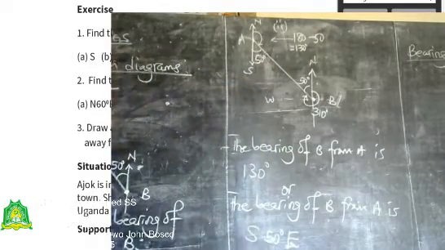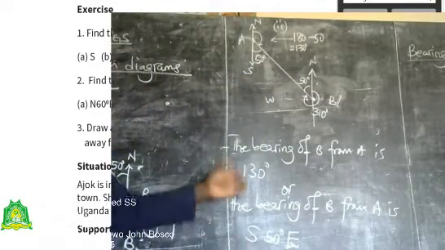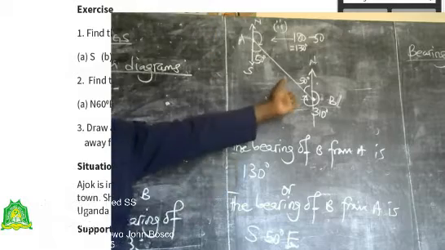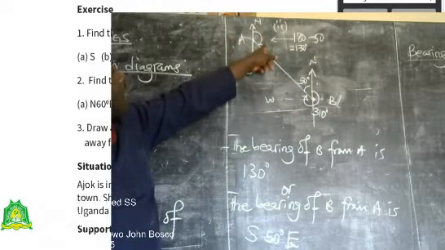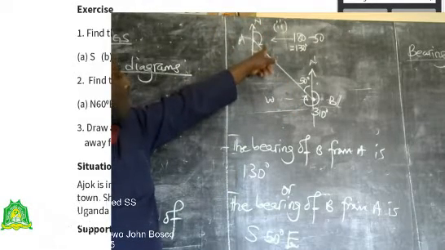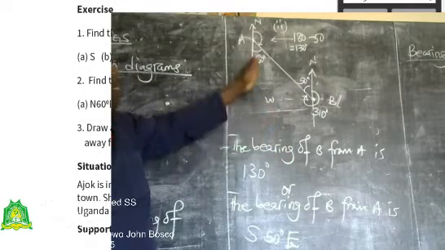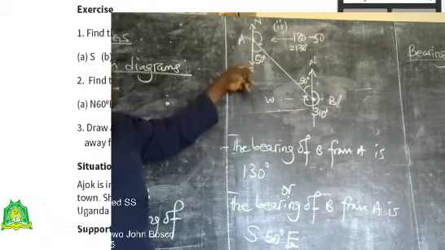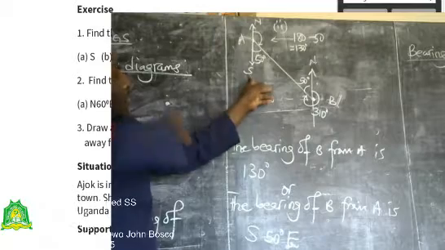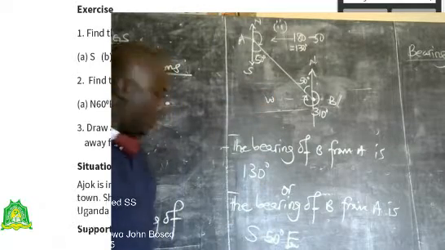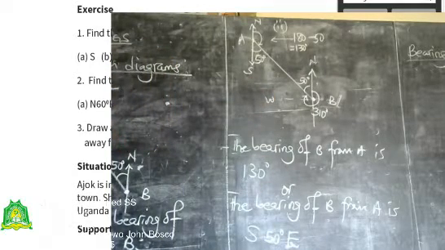So these two are giving us exactly the same direction. Either you measure 130 degrees from north, clockwise, or you measure 50 degrees from south towards east. So we now have the answer for part 1 and the answer for part 2.